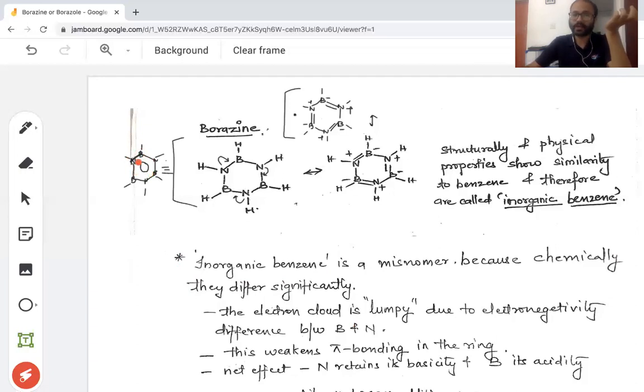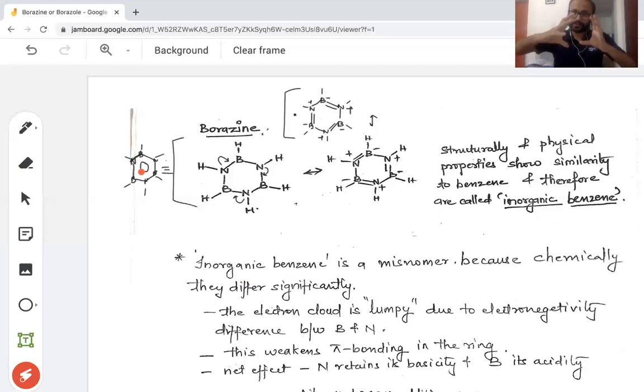So as a result, when you look at the electron cloud picture of this molecule, in benzene the pi cloud is uniformly distributed. But in Borazine, the pi cloud is not uniformly distributed; rather, the cloud is more concentrated on the nitrogen atom.